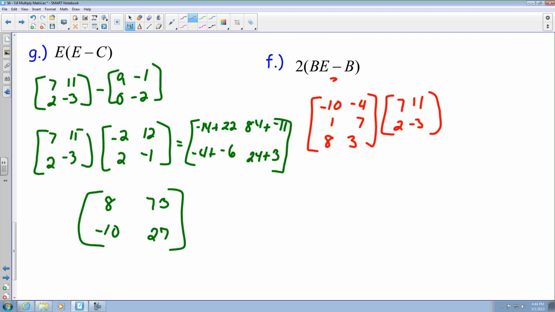This happens to be a 3 by 2 matrix times a 2 by 2. It checks out, and that means it's going to equal a 3 by 2 because of these numbers.